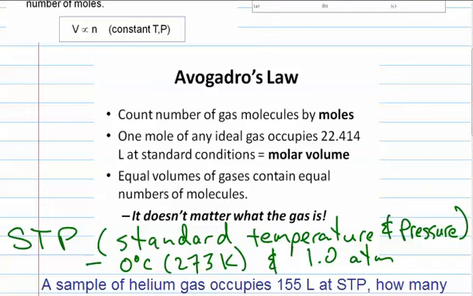So if we had 1 mole of any gas under these conditions of STP, at 0 degrees Celsius and 1 atmosphere of pressure, all gases will occupy the same volume, which is 22.414 liters. So this is what we call the standard molar volume, the volume of 1 mole of any gas at STP.